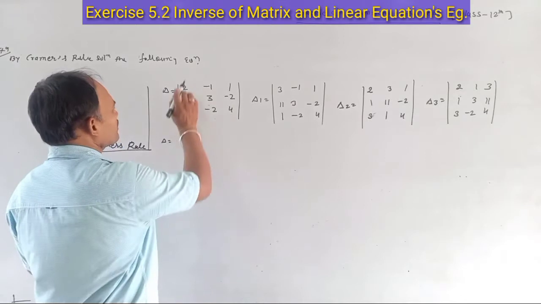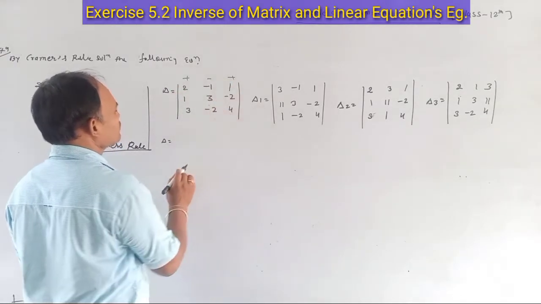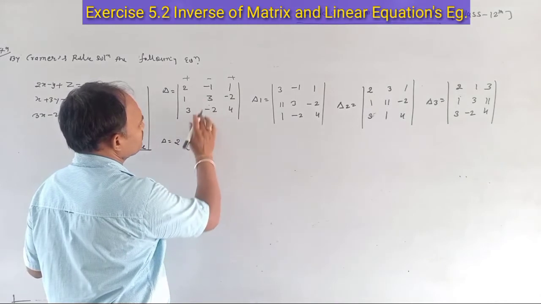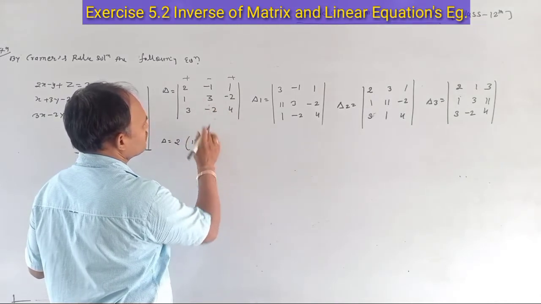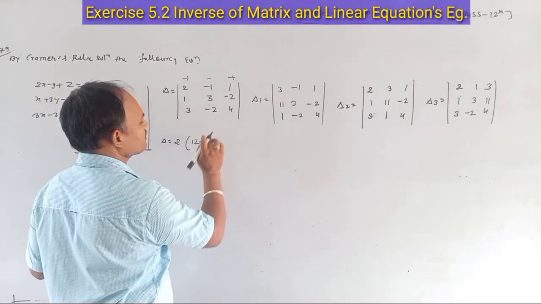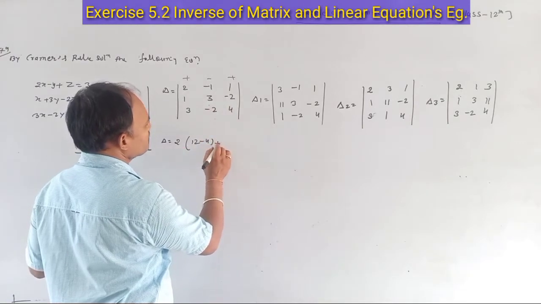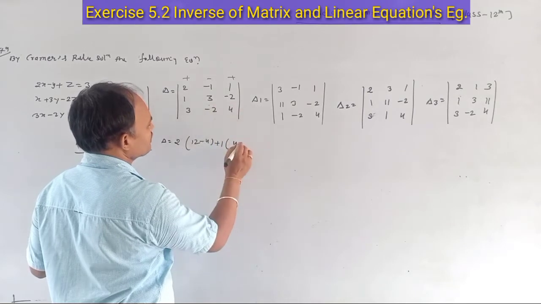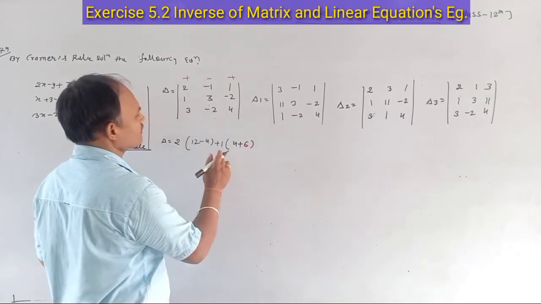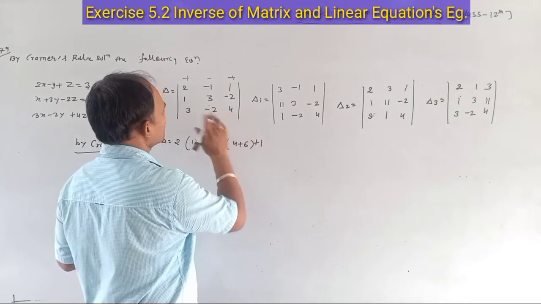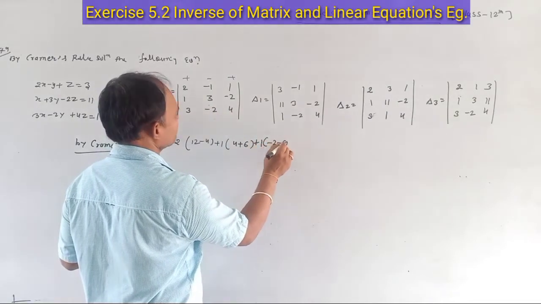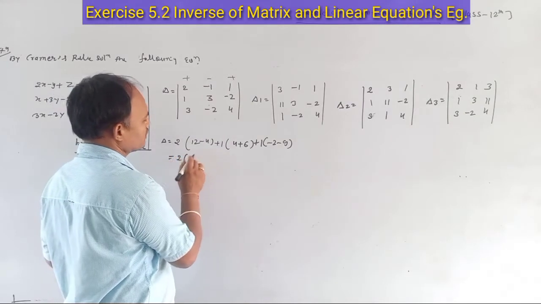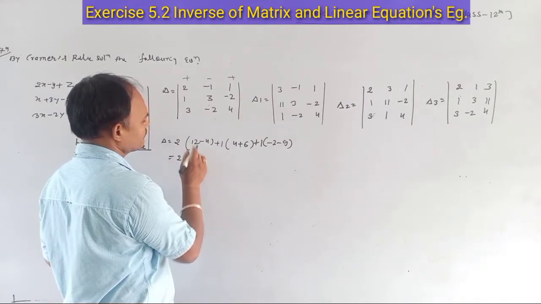Delta is, with signs plus minus plus, 2 times 12 minus 4, minus minus 1 times 4 minus 3, plus 1 times minus 2 minus 9.